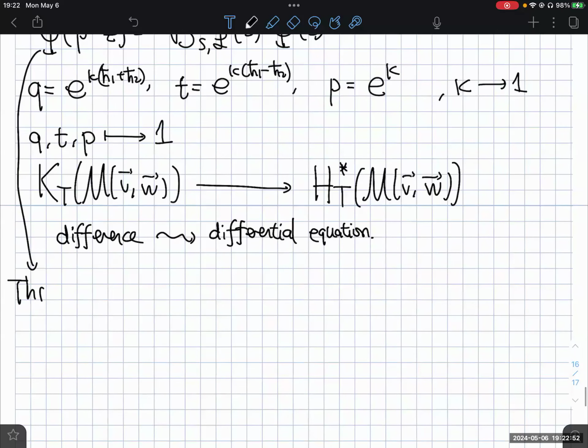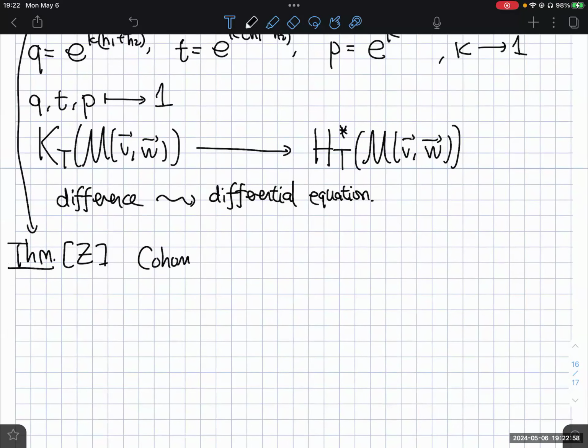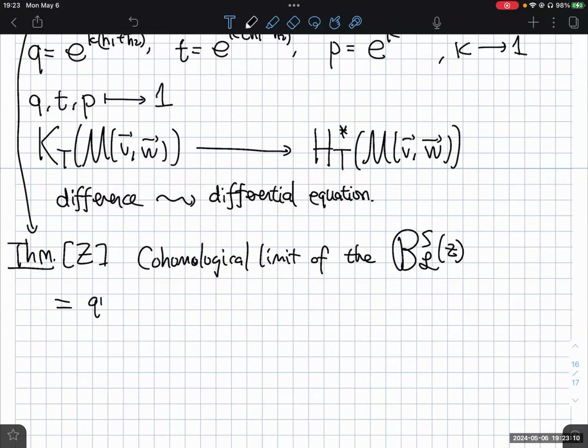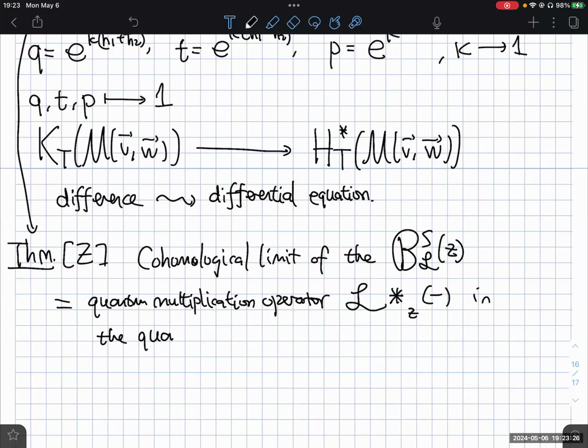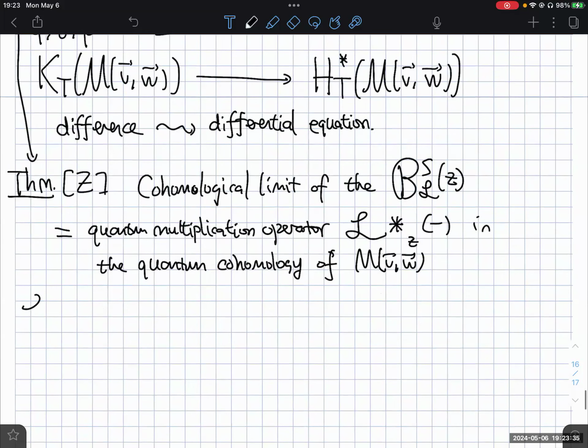And the theorem here is that the cohomological limit of the difference operator is equal to the quantum multiplication operator of this line bundle in the quantum cohomology of the quiver variety, which is written in the following way.